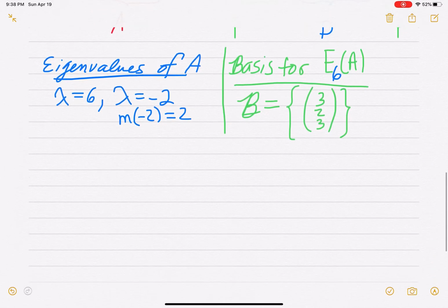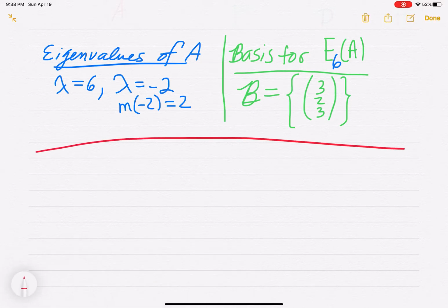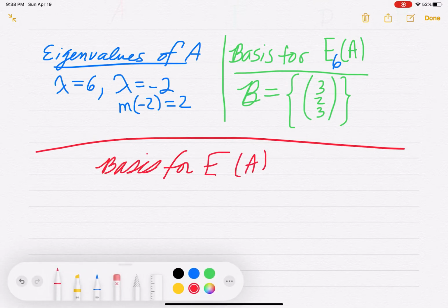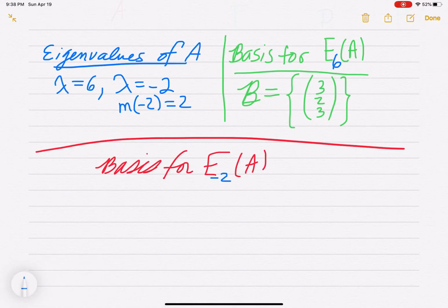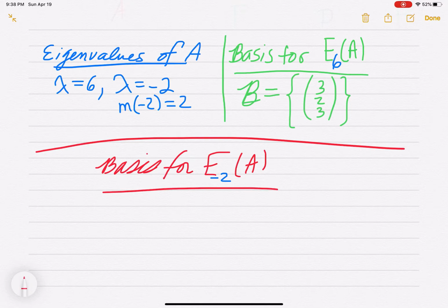All right, now I've got to find a basis for the eigenspace of A associated with the eigenvalue negative 2. Now the interesting thing here is that negative 2 had multiplicity 2, right?